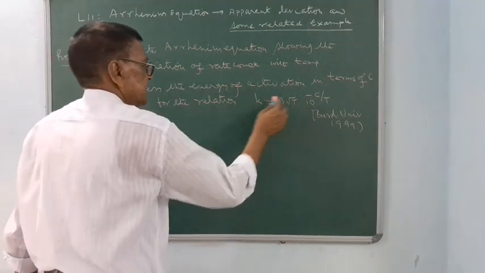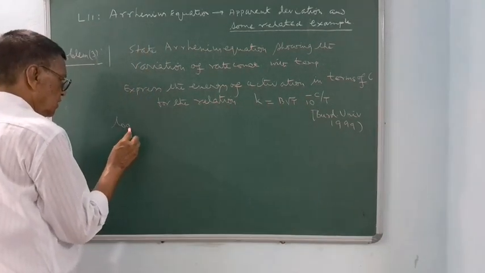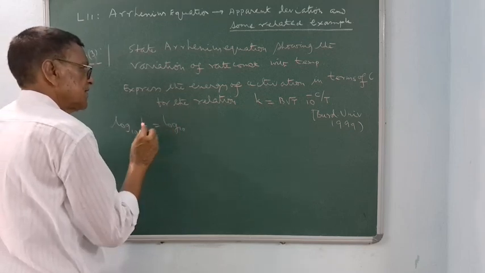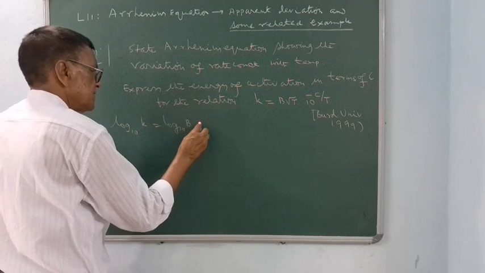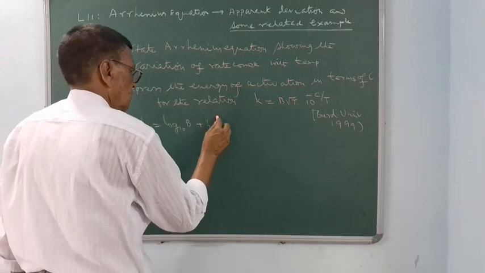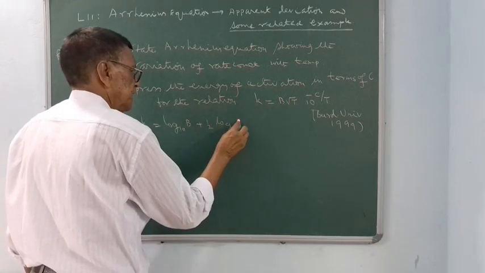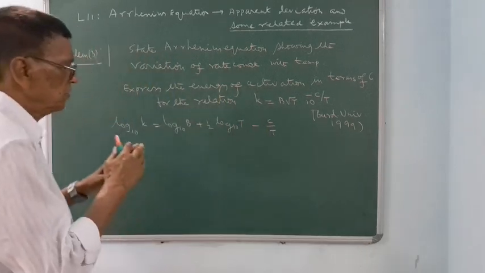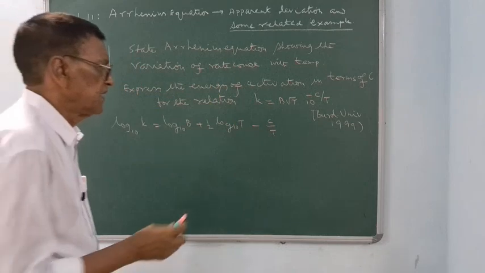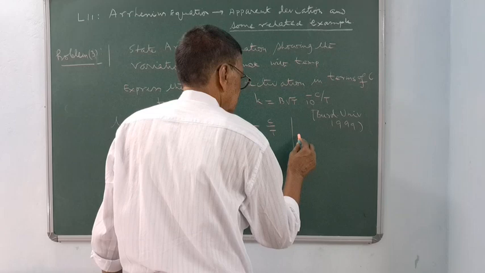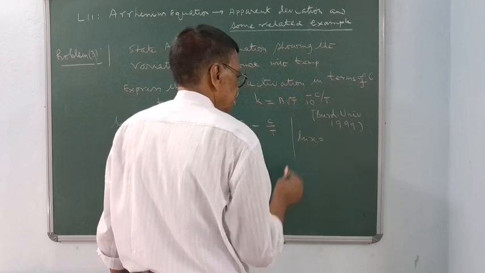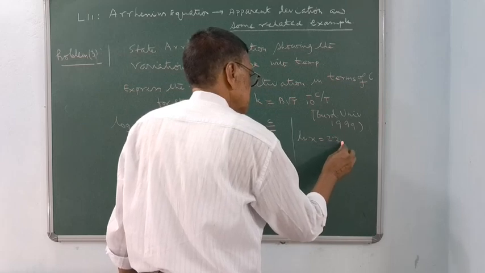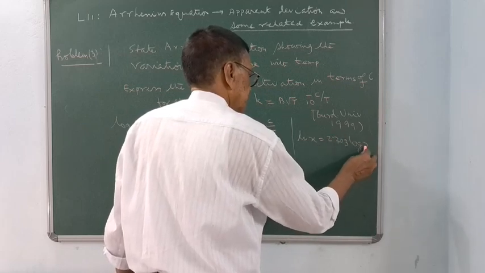Since it is 10 base, taking the log 10 base: log10 k equal to log10 B plus half log10 T minus C by T. If we convert this to natural logarithm, ln x equal to 2.303 log x.